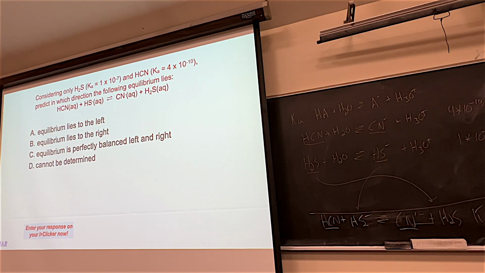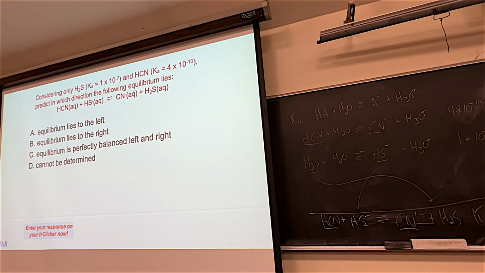Okay. On this problem, how I would solve it is what we did earlier. You write the two equations out, and you see how they mix. HCN is a reactant in this one, and we want HCN in the desired equation. But H2S is a product, and in this Ka expression, H2S is a reactant. So we'd end up flipping the Ka for H2S around.